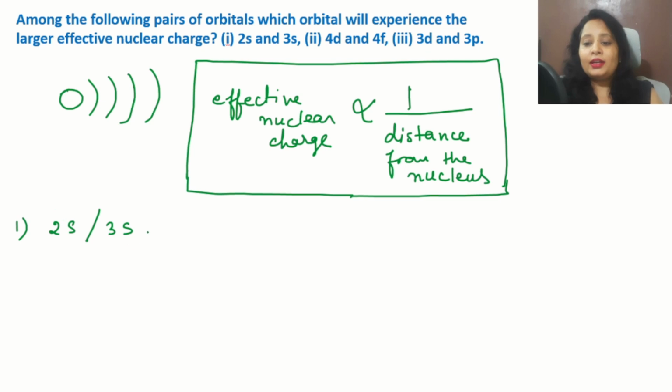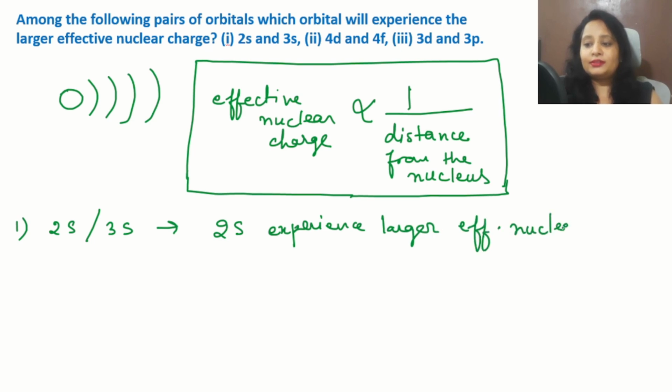So in this case 2s will feel the larger effective nuclear charge. 2s experiences larger effective nuclear charge.